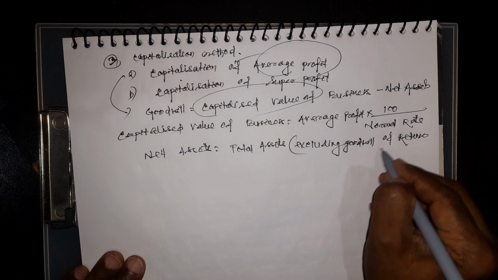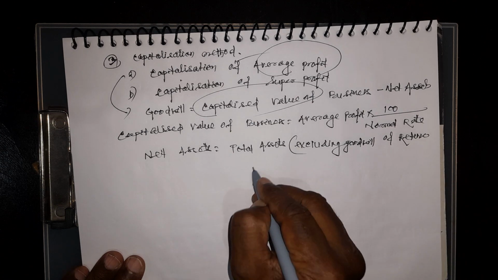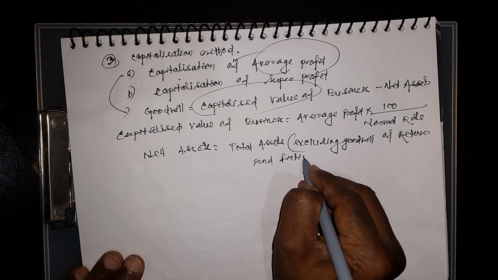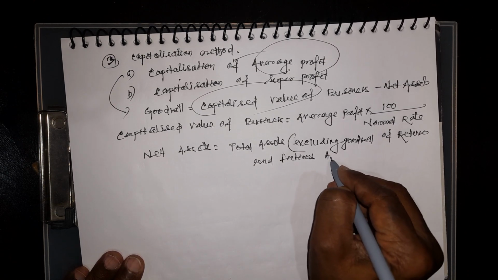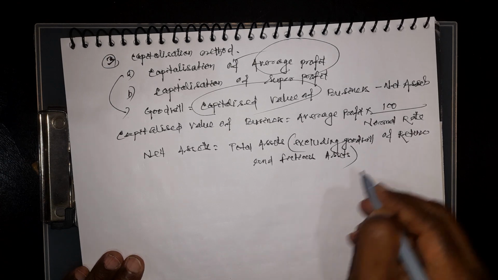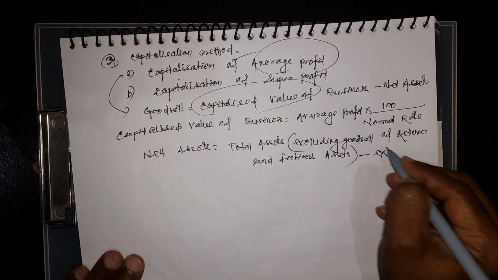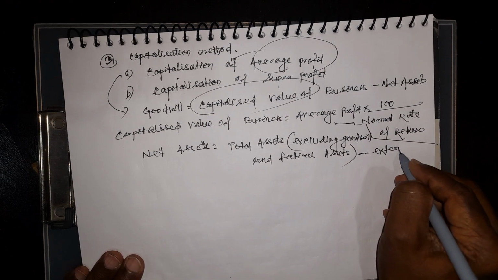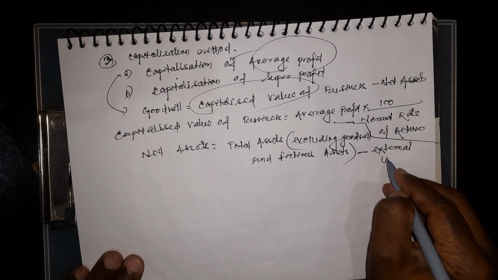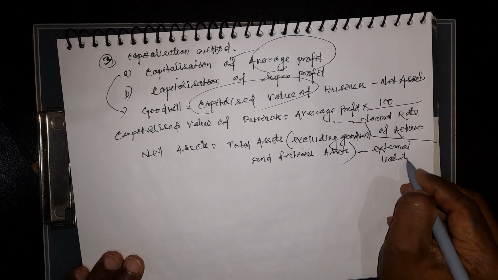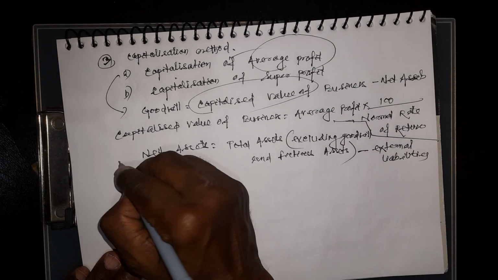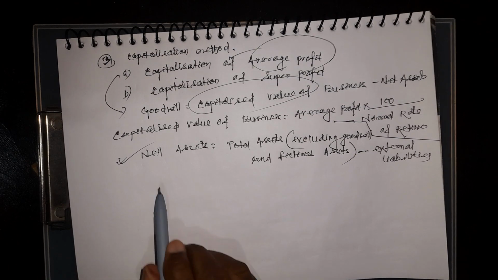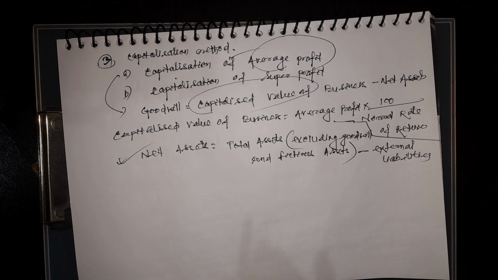Excluding goodwill and fictitious assets, minus external liabilities. This formula I told you when I explained about the super profit method. I told you, clear, net assets.